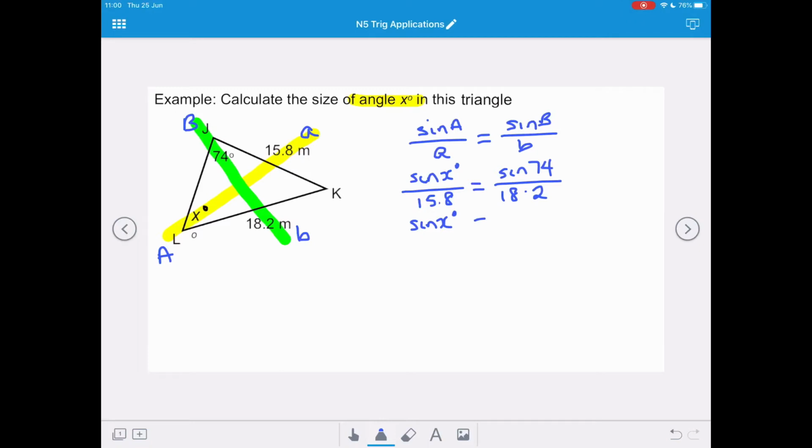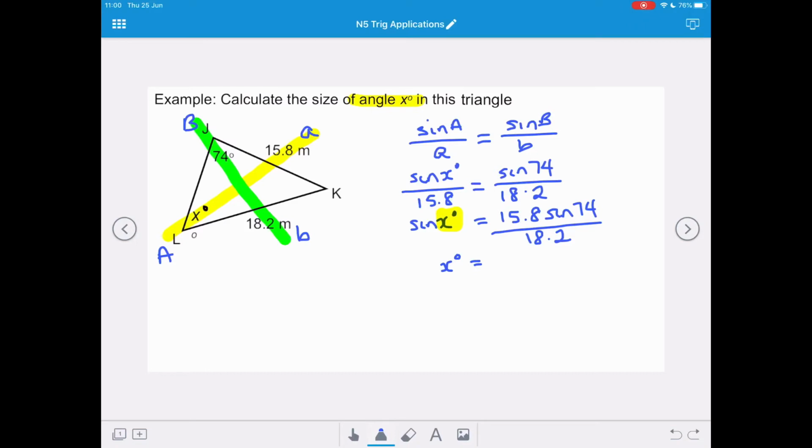So sine X is going to equal 15.8 multiplied by sine of 74 all over 18.2. And then to isolate the X degrees, we want to use our arc sine button or our shift sine on our calculator in order to work out X degrees.